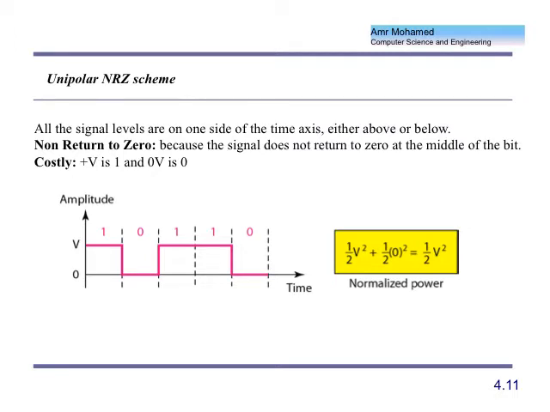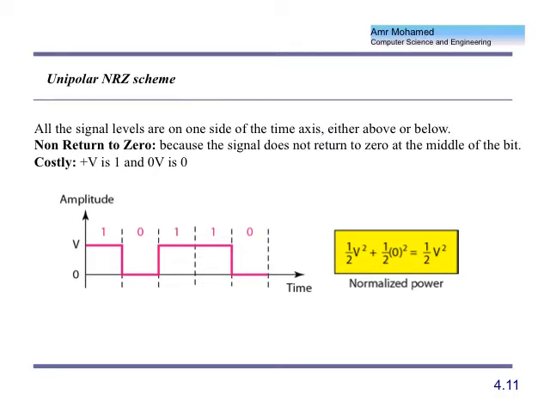So for either the case of consecutive ones or consecutive zeros, we have a serious issue, which is related to the fact that we will have signal power in low frequency components, the DC component that we talked about before.